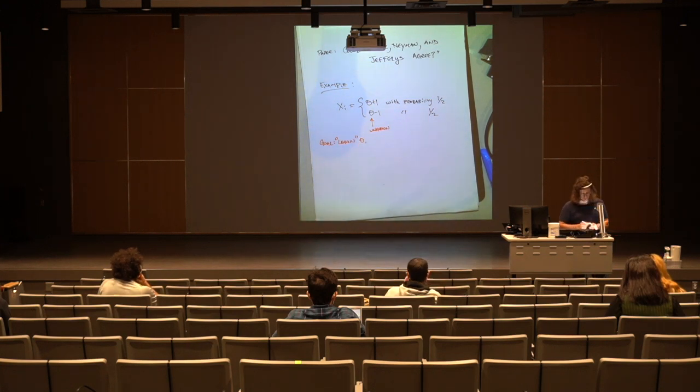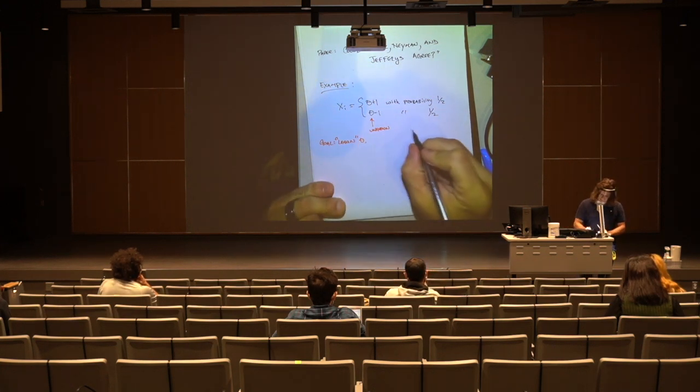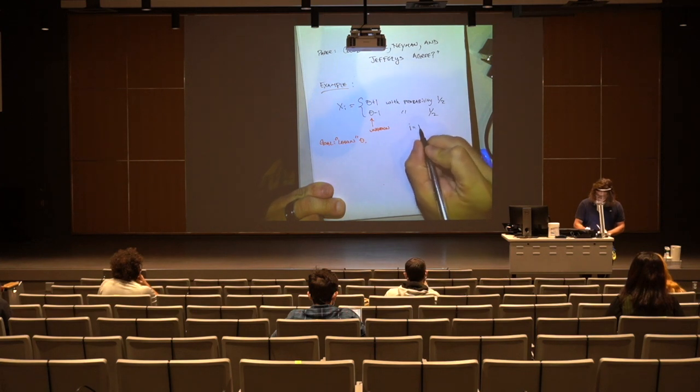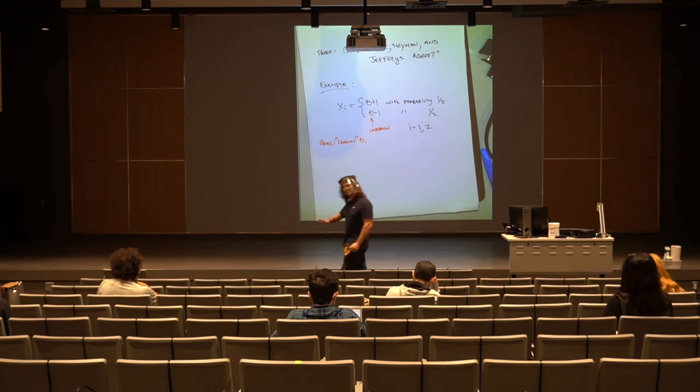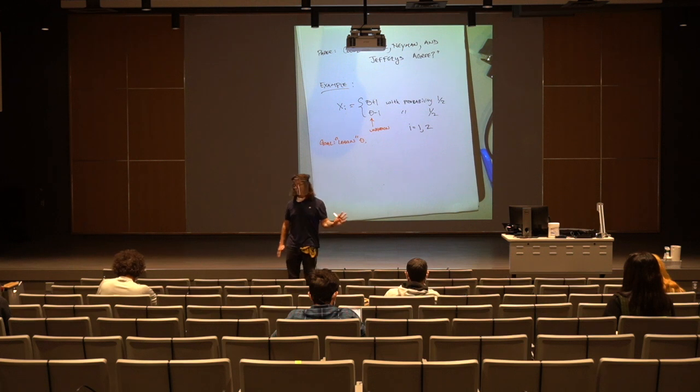So that's what we want to do. I goes from 1 to 2. You're going to get 2 coin flips. That's all you get to see. If you got to see a lot, you would learn theta real quick.